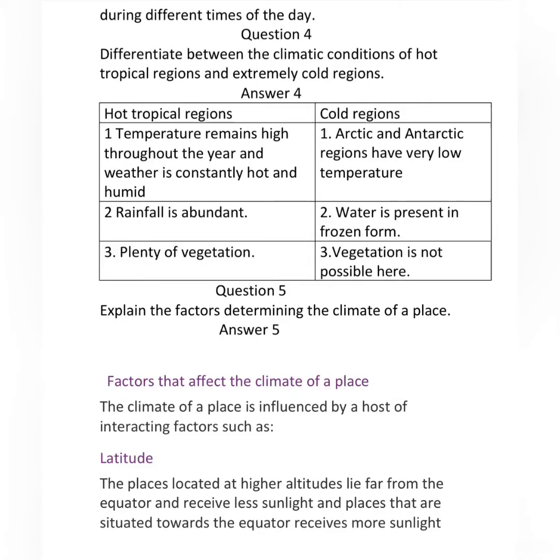Now, the difference between climatic conditions of hot tropical regions and extremely cold regions. Hot tropical regions: the temperature remains high throughout the year and the weather is constantly hot and humid.